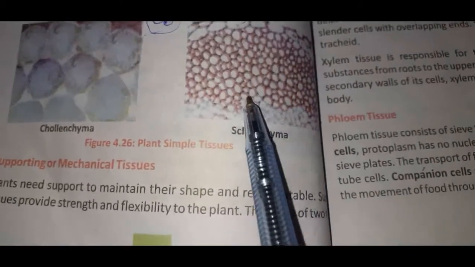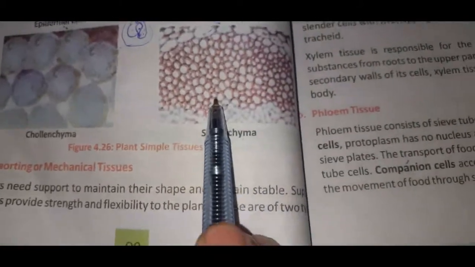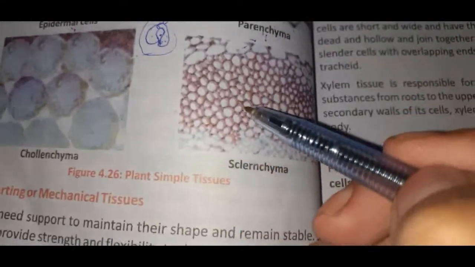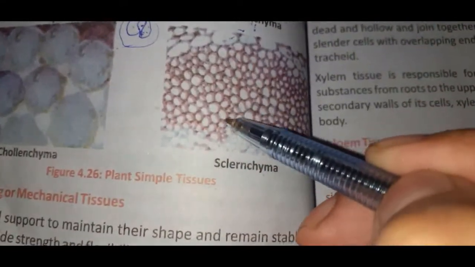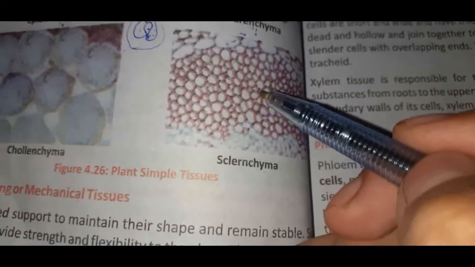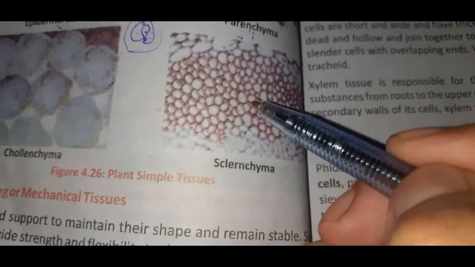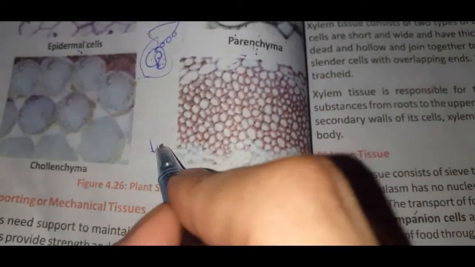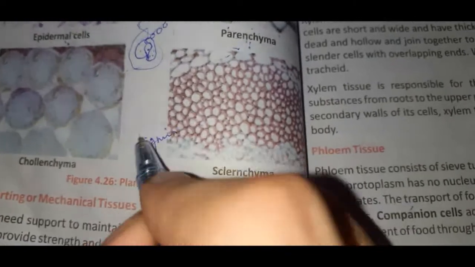These thick walls provide hardness and strength to the plant. If you look at this orange or pinkish shade over them, it represents that they are thick, and this thickness is given to them by a chemical called lignin, right?